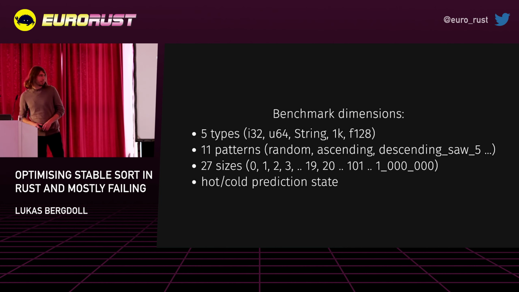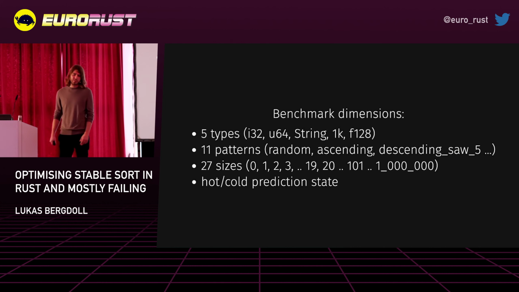Let's talk a bit about the benchmarks themselves. I had different dimensions along which I wanted to test. I had different types. An I32, which is just the basic one used for many, many benchmarks. That's also the only one used by the provided benchmarks for flux sort. But I wanted to use different types because it's a general purpose sort and it should work well for all kinds of different data.